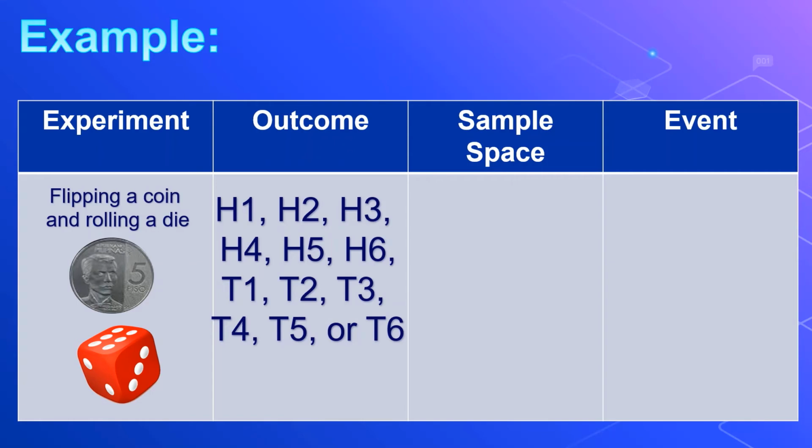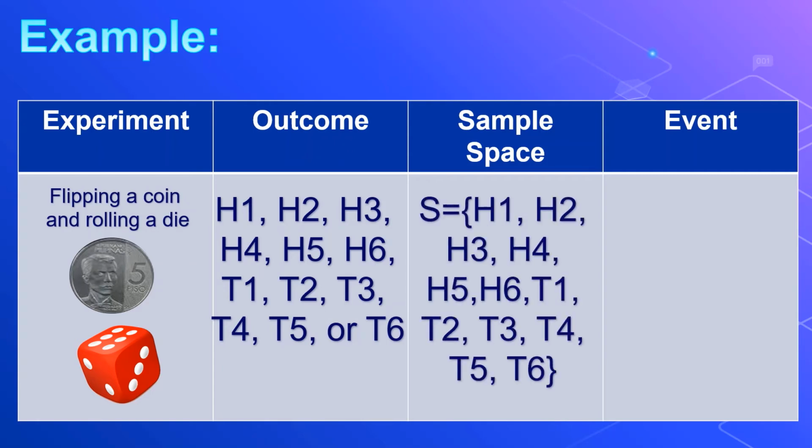So for the sample space, we will just write the outcomes in set notation. S is equal to {head and number 1, head and number 2, head and number 3, head and number 4, head and number 5, head and number 6, tail and number 1, tail and number 2, tail and number 3, tail and number 4, tail and number 5, and tail and number 6}.